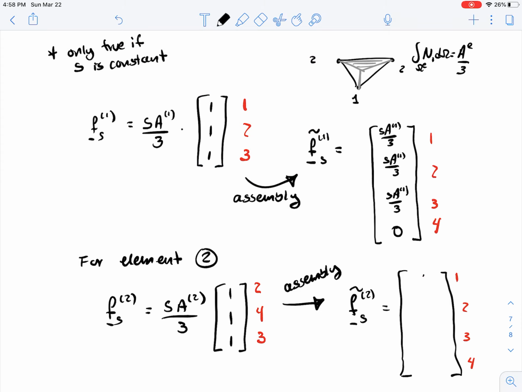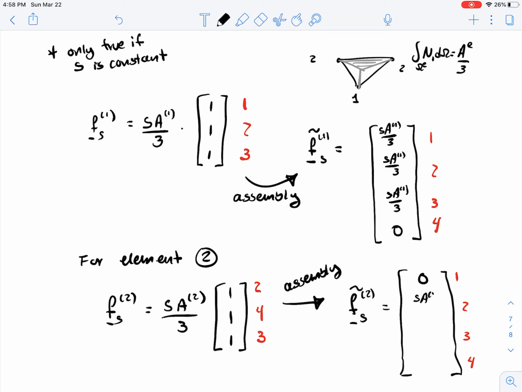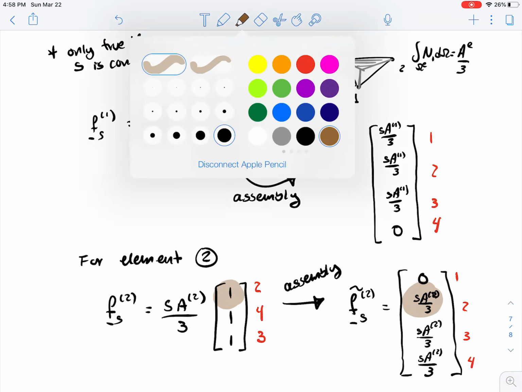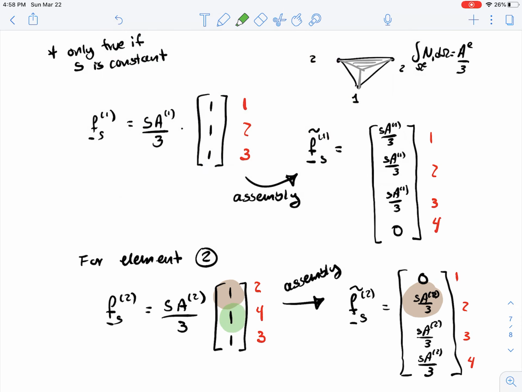So in this case, you can see that 1 will end up empty, and then here we end up with SA2 over 3, SA2 over 3, and SA2 over 3. But the order is a little bit shuffled. So this one goes here, and this one goes here.